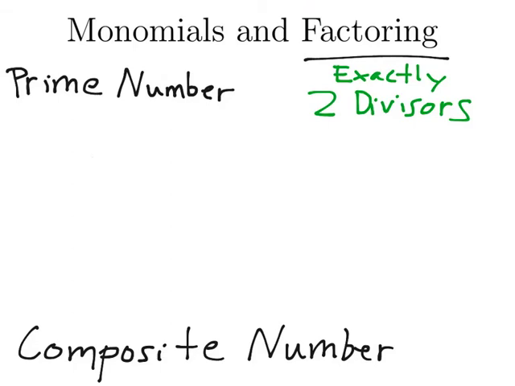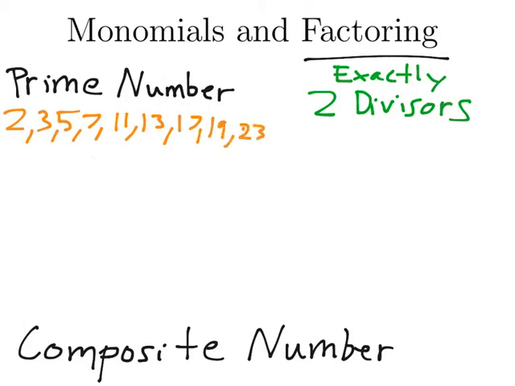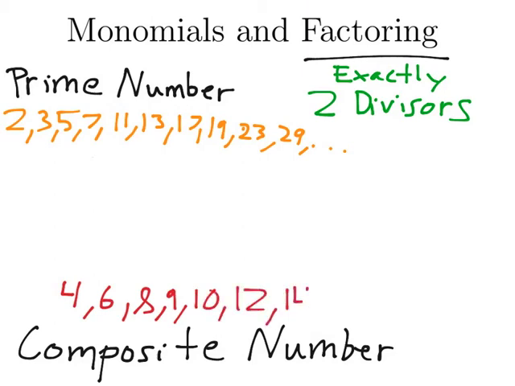So prime numbers include 2, 3, 5, 7, 11, 13, 17, 19, 23, 29. The list goes on forever. And as for composite numbers, we've got 4, 6, 8, 9, 10, 12, 14, 15, and so on. So those are all prime numbers and composite numbers.